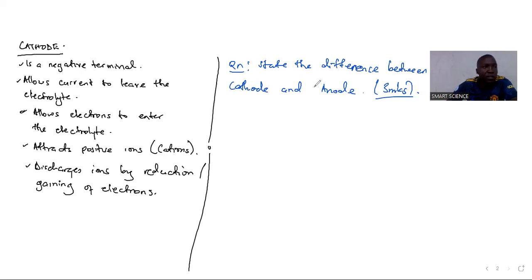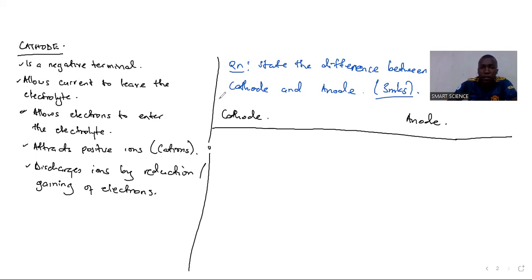Depending on what we have presented to you, you can put your differences in form of a table. One side cathode, another side anode. Then you suggest your differences.